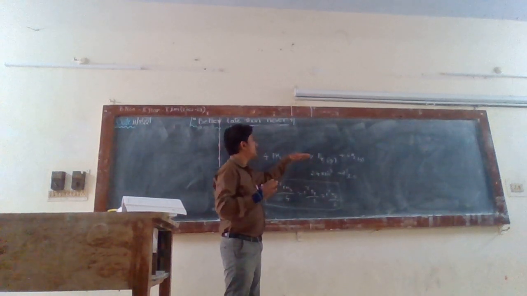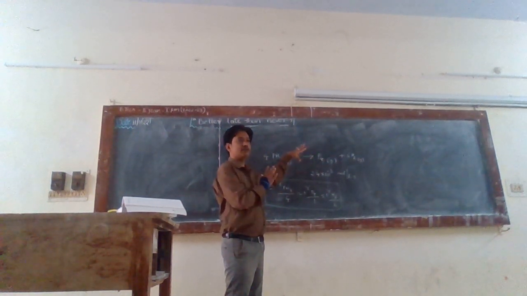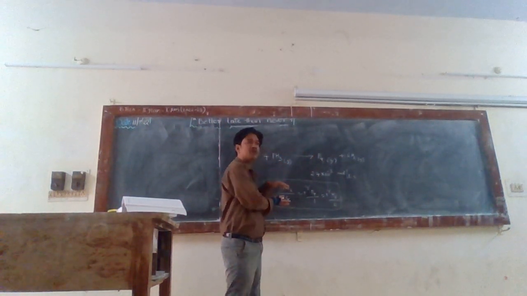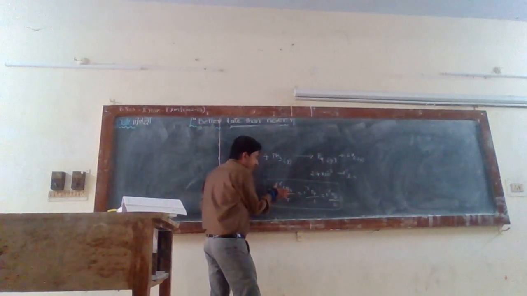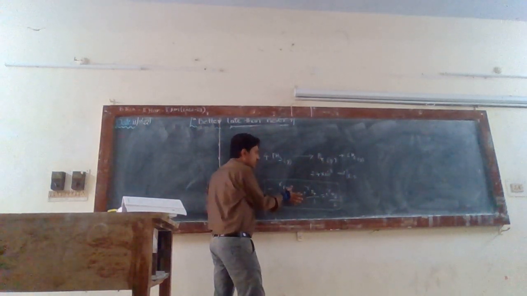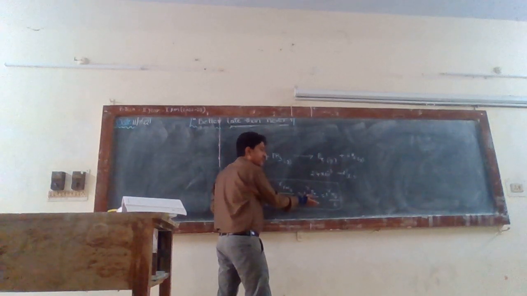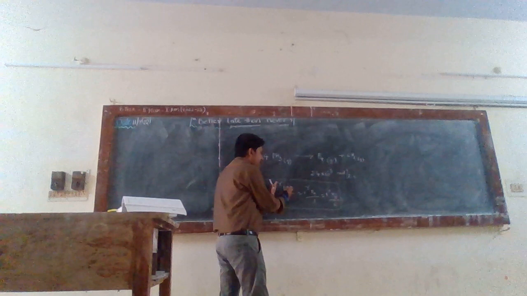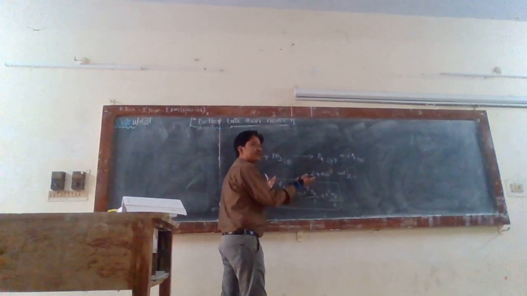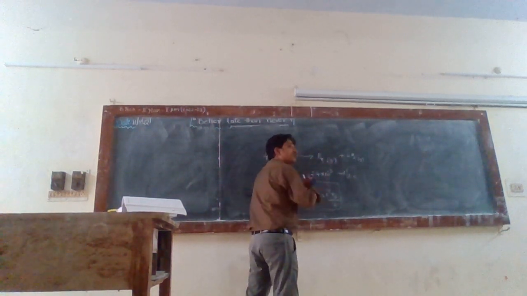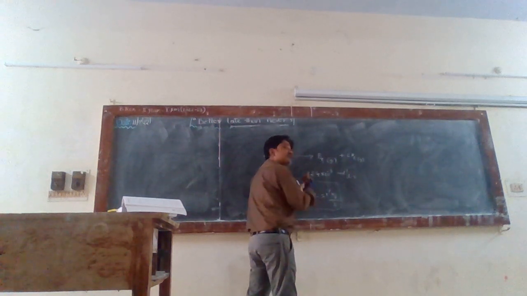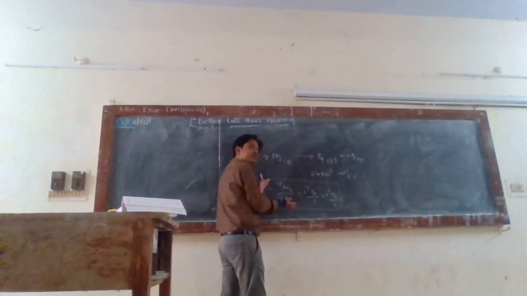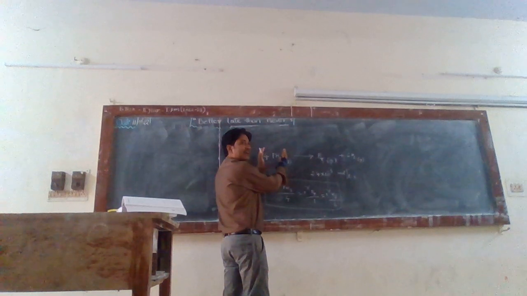This is the stoichiometric equation in terms of the chemical reaction, and in terms of rates we have written here: the rate of phosphine by some value equal to rate of P4 by some value equal to rate of hydrogen by some value. Now phosphine is decomposing, disappearing, whereas P4 and hydrogen are forming. So these are rates of formation, and this is rate of decomposition, because this is a reactant.